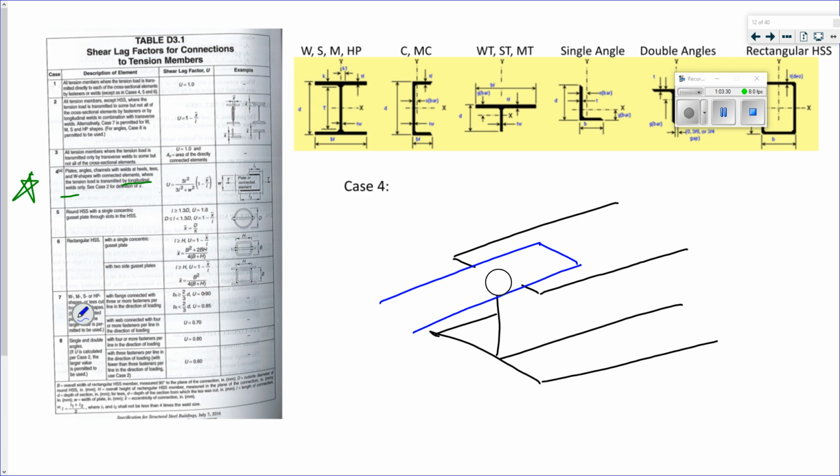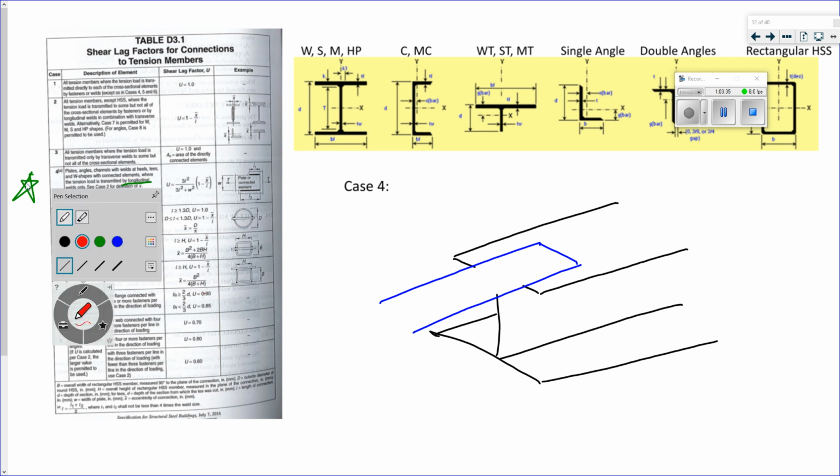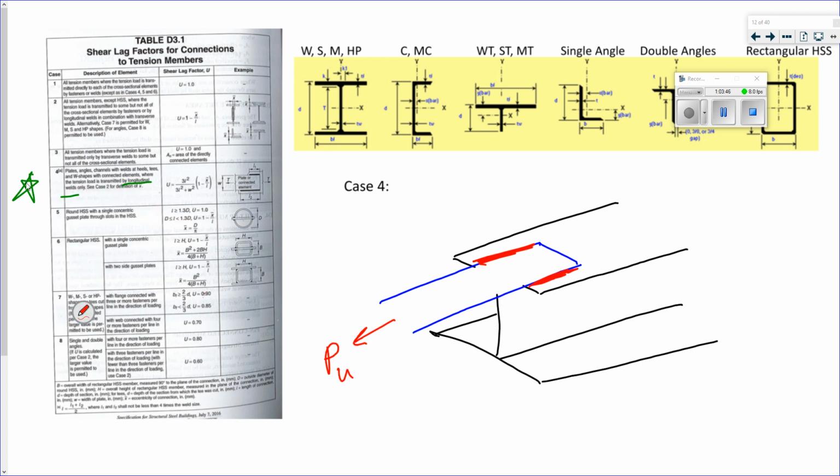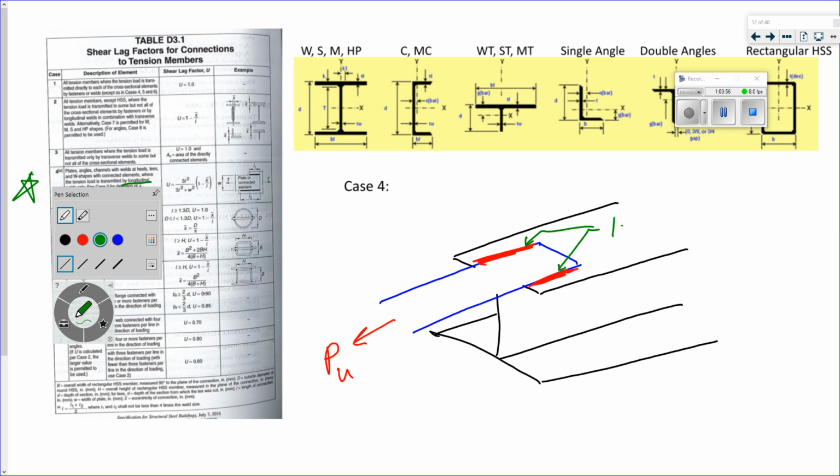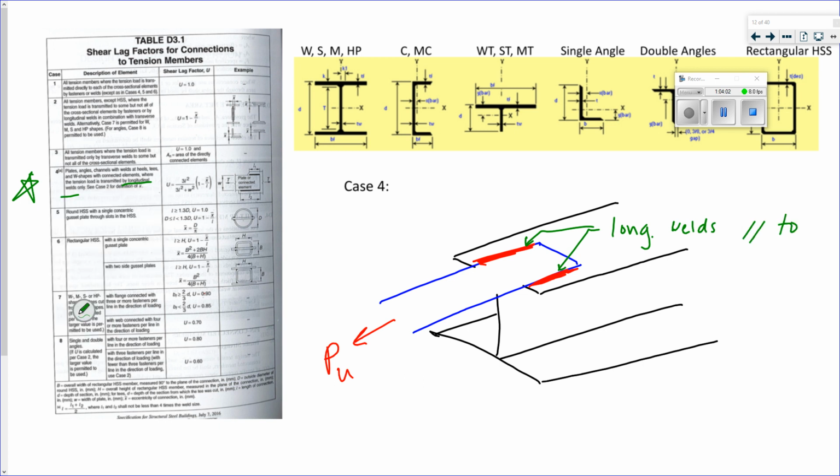But now my welds are only longitudinal, so they're only parallel to my load. Longitudinal welds, parallel to the load.